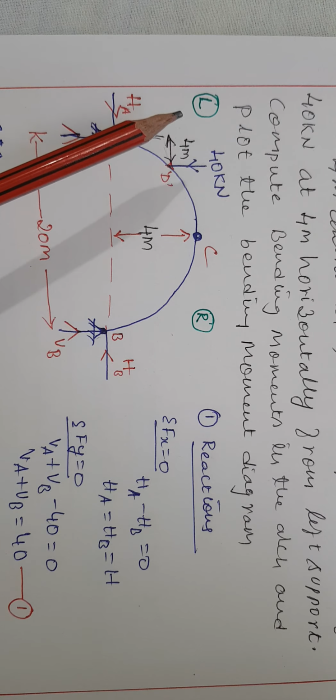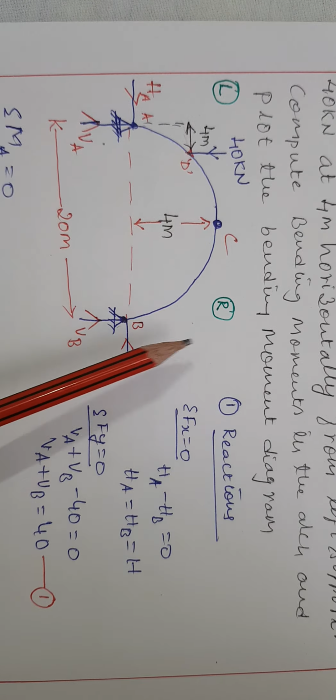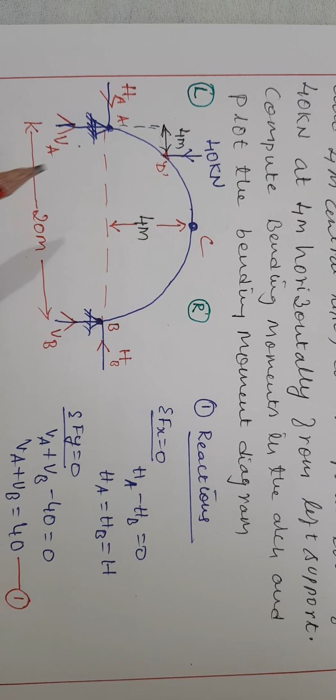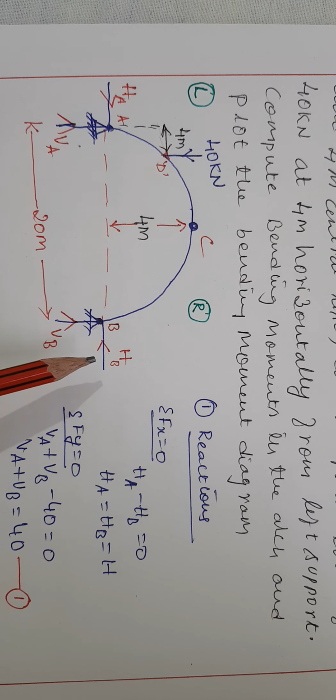That is what is given in the problem, so that is what I have written here. Every hinge will have two reactions, one horizontal and another vertical. I considered horizontal as HA, vertical as VA. Similarly, horizontal reaction here as HB and vertical reaction as VB.